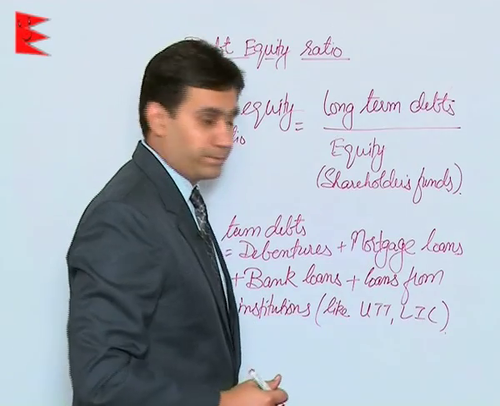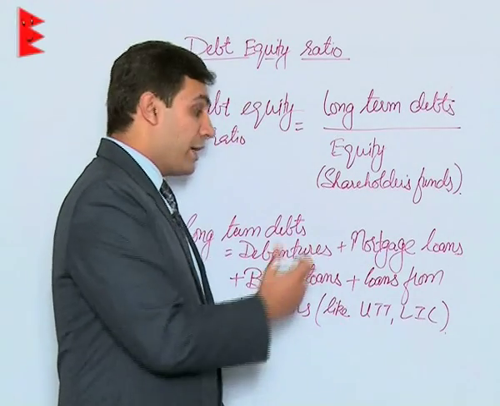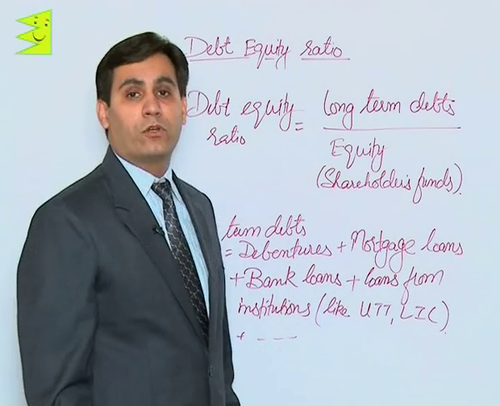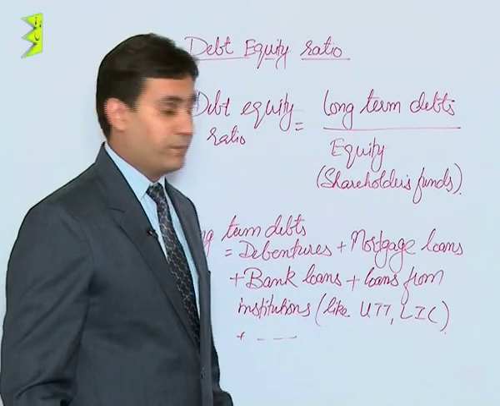Names might be given. So now students, plus we can put dash dash, that is there might be some other form of long term loans if given in the question.